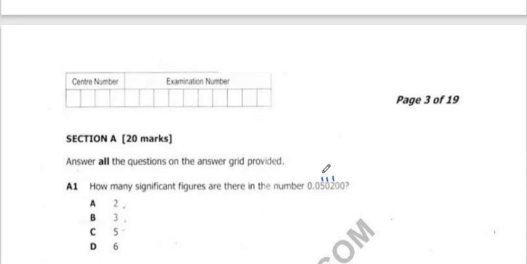And any zeros that are trailing, at the end of a number, are significant. Zeros that are at the beginning of a figure are not significant, so these two are not significant figures. So we have 1, 2, 3, 4, 5. So we have 5 significant figures. So the correct answer there is C.